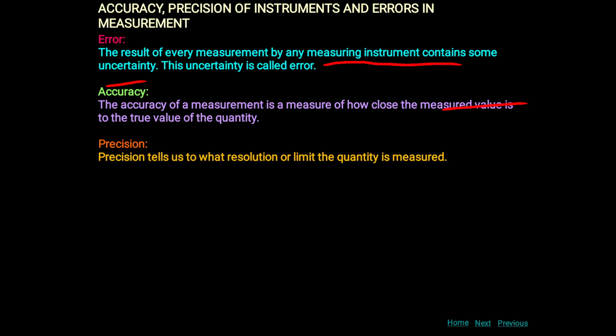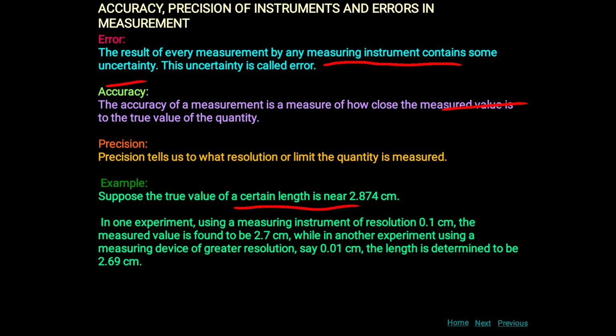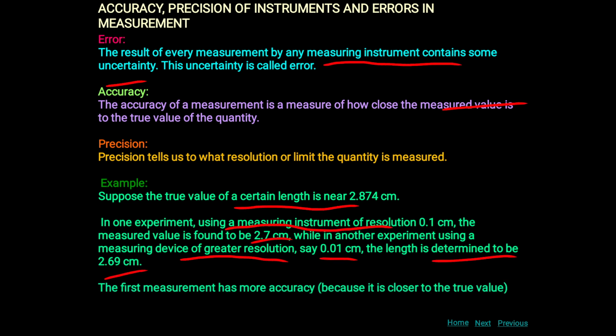Precision tells to what resolution or limit the quantity is measured. For example, suppose the true value of a certain length is near 2.874 centimeter. Then in one experiment, using a measuring instrument with resolution 0.1 centimeter, the measured value is found to be 2.7 centimeter, while in another experiment, using a measuring device with greater resolution, say 0.01 centimeter, the length is determined to be 2.69 centimeter.